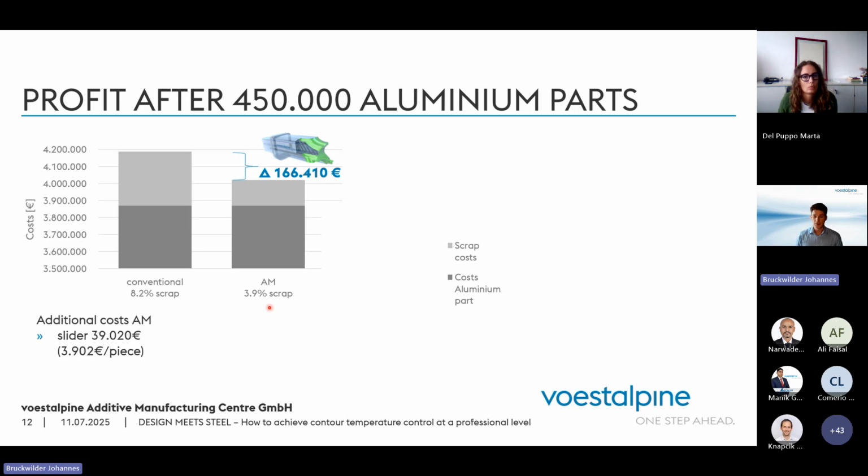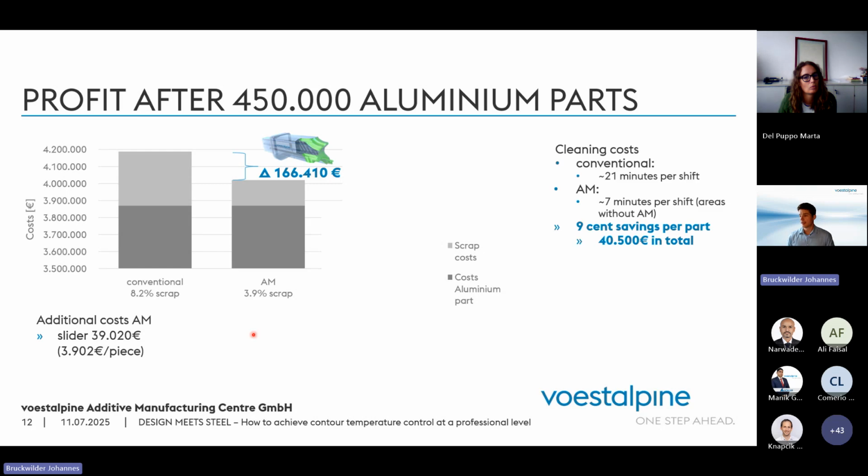Of course, there were some additional costs for this conformal cooled slider. In total, it was 39,000 euro for, I didn't mention it, 450,000 aluminium parts. And then there come the cleaning costs. Conventionally, it was 21 minutes per shift, and with the conformal cooling, we reduced it to 7 minutes per shift, and this was a saving of 9 cents per part.